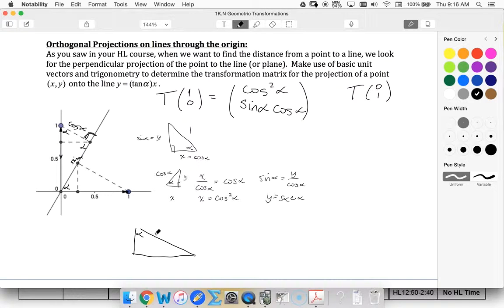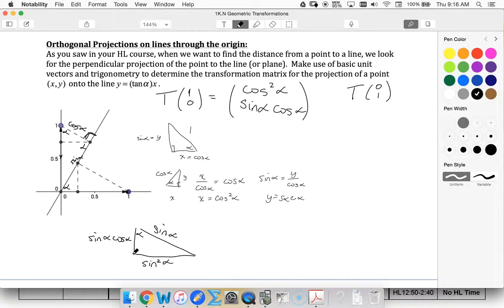Here's my alpha angle, sine alpha. This side would be cos alpha. This side would end up being sine alpha cos alpha. And then this side down here is going to be sine squared alpha.